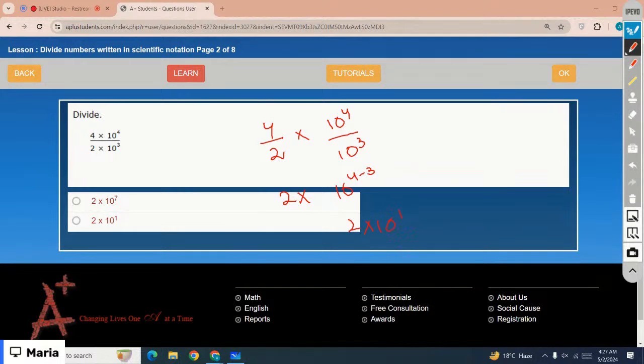The correct option is 2 times 10 exponent 1, the second option.